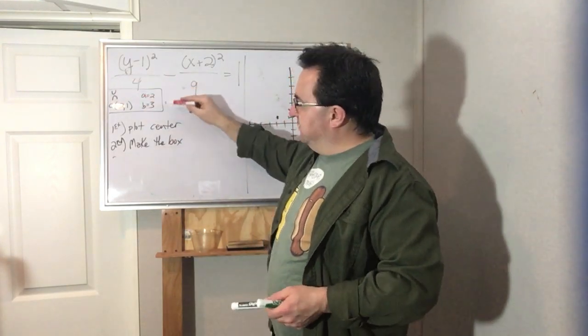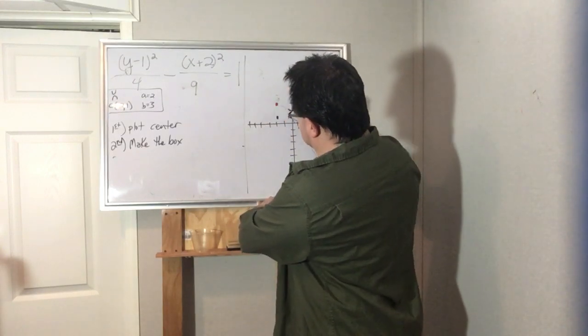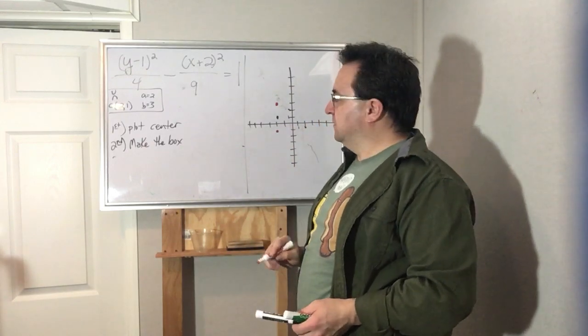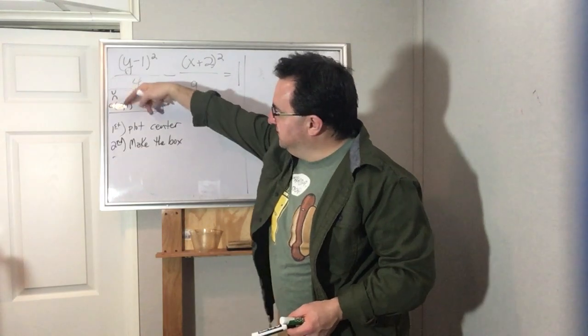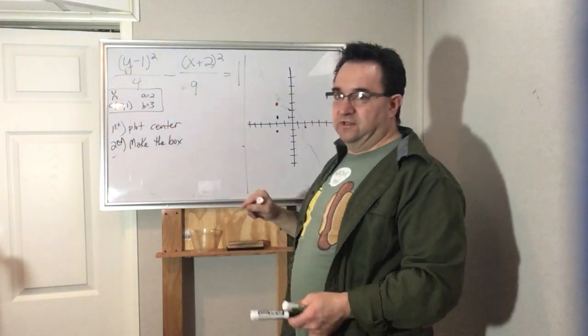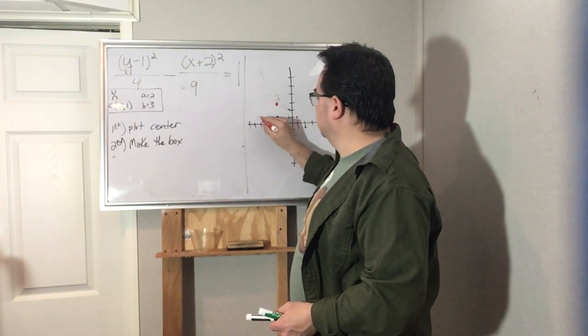So the vertices will be up and down. So I've got to go 2 units to this vertex and 2 units to that vertex. And then to the co-vertices: from the center, I'm going up and down 2 to the vertices, and sideways 3 to the co-vertices. So 1, 2, 3, 1, 2, 3.